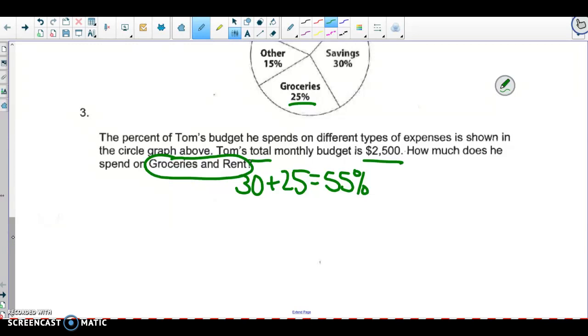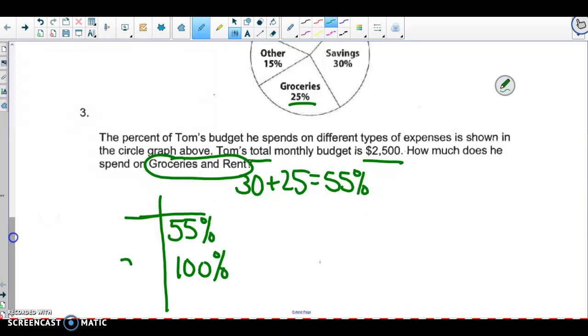So I can either use a double line and find them separate and then add them together, or I could just find 55% of the 2,500. So if I were to do a chart, okay, we know that we're looking for 55%, and 100% is going to be the 2,500.